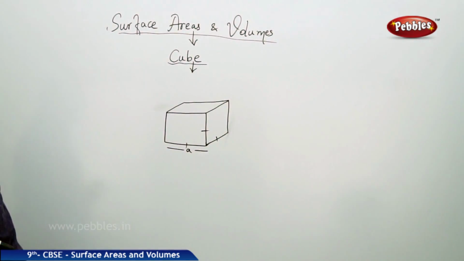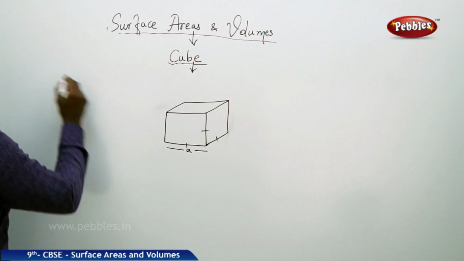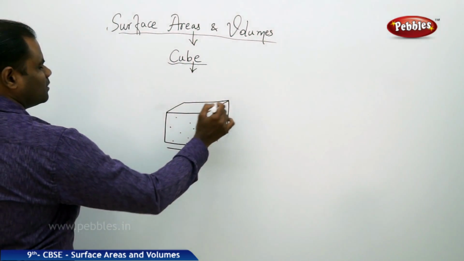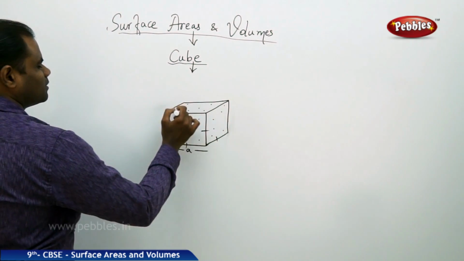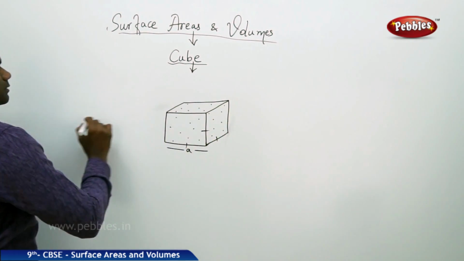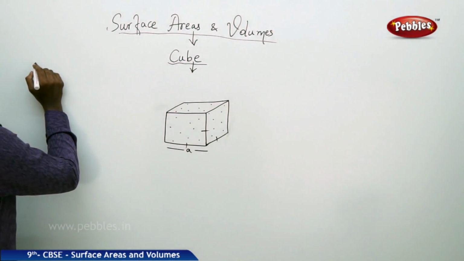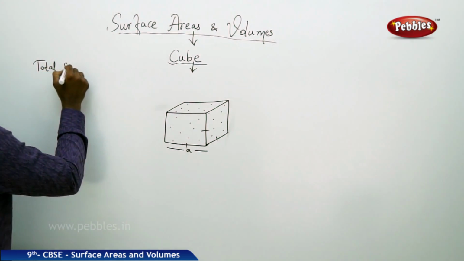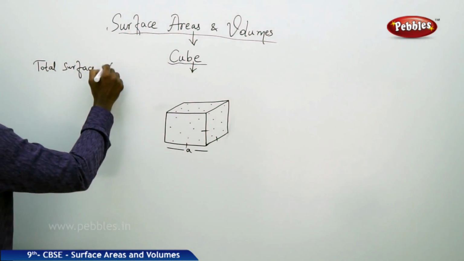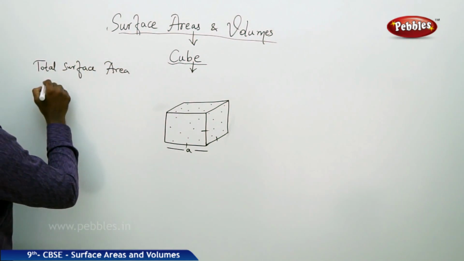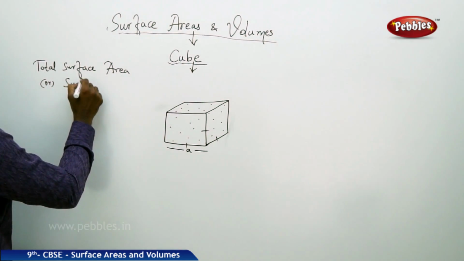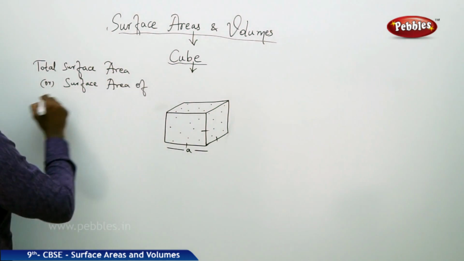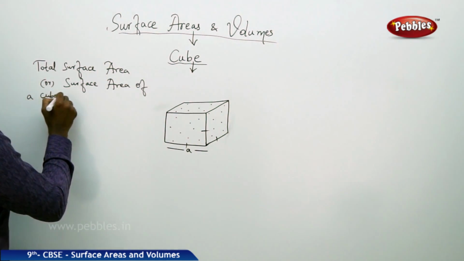Now for this cube of side a, we can find the total surface area, or simply the surface area of a cube, using the formula.